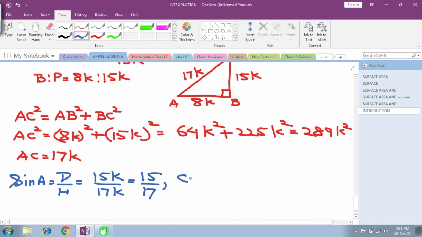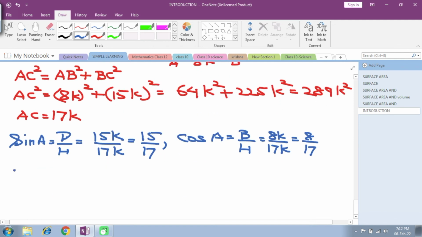Now cos A. Cos A is equal to base upon hypotenuse, which is equal to 8k upon 17k, which is equal to 8 upon 17.